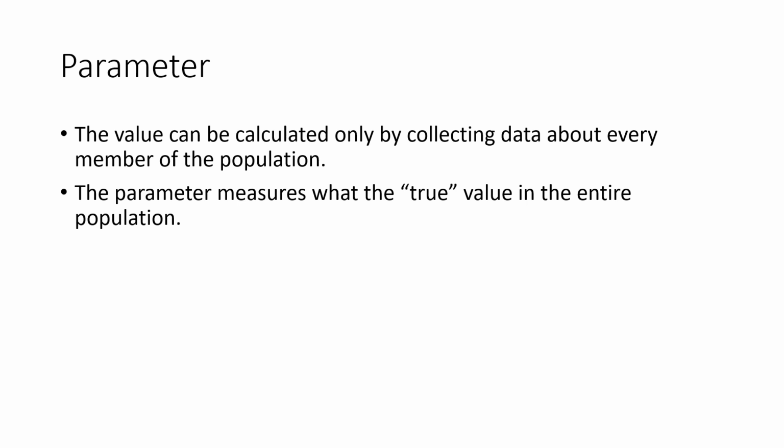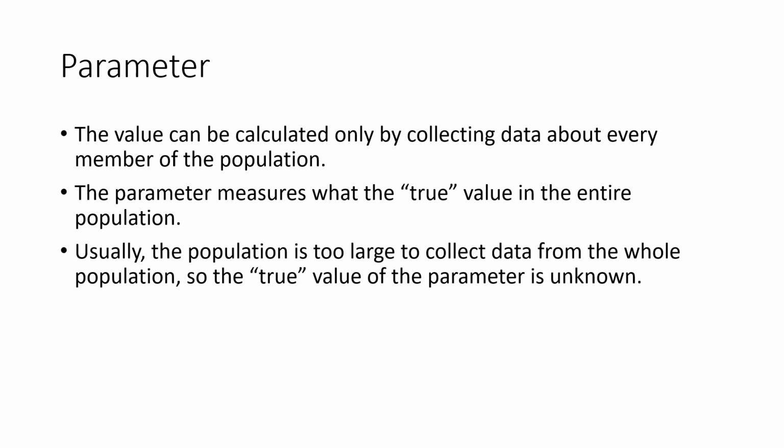For instance, what is the true mean among everyone in the population? Unfortunately, usually the population is too large to collect data from the whole population. And so most of the time, the true value of the parameter is unknown.